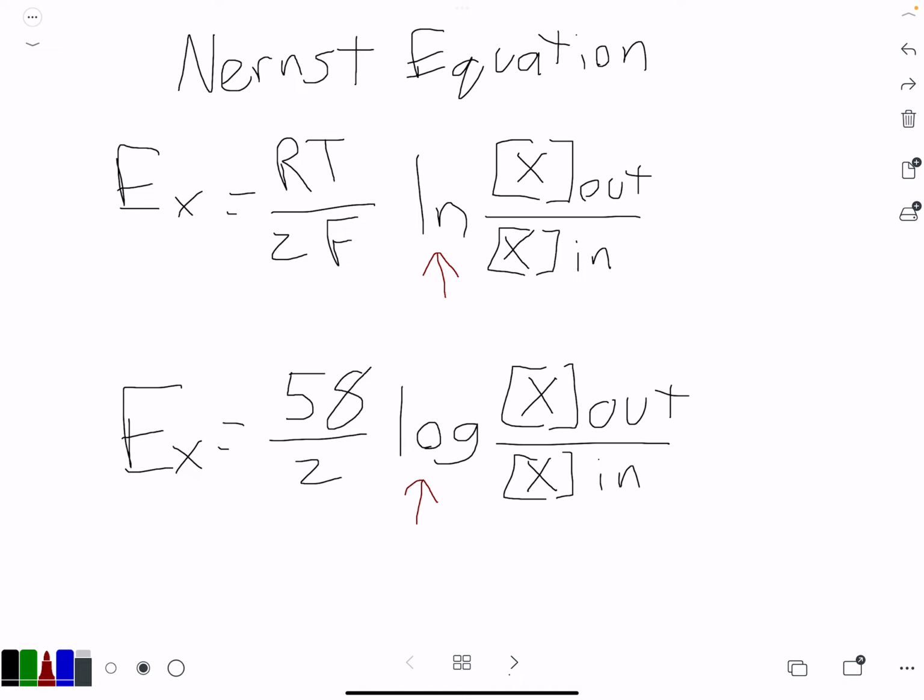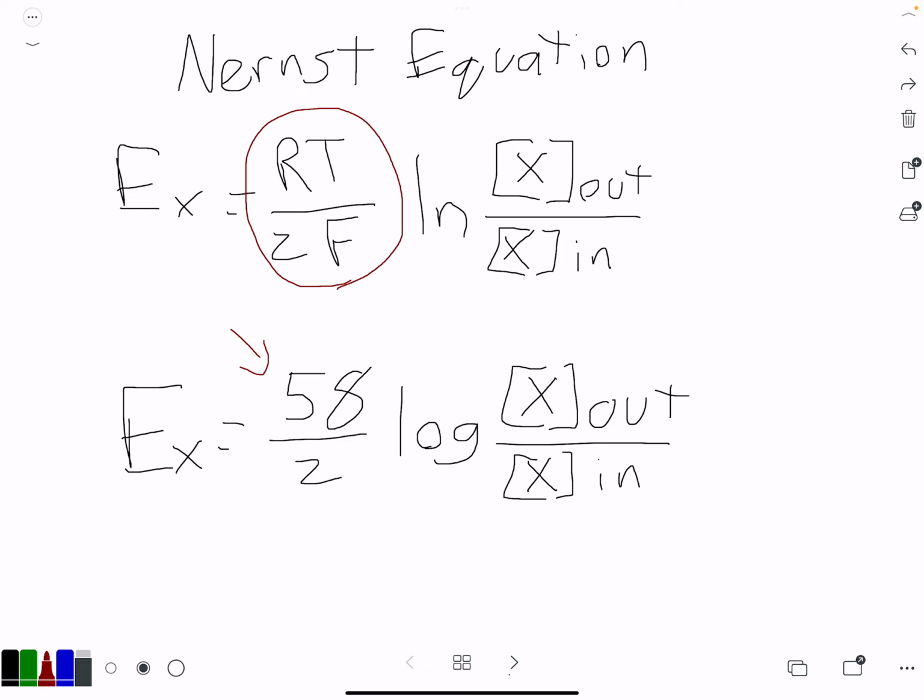First, I want to focus on this right here, and how we get this number 58 from this. As I described in class, these different letters here in the circle are different constants.